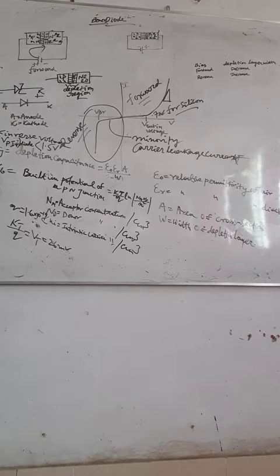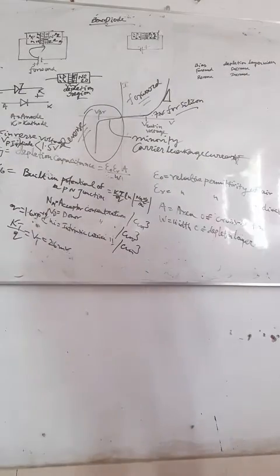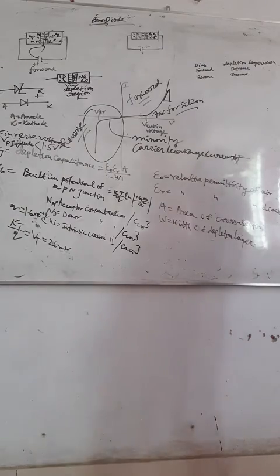This is the point of Zener breakdown, and before the Zener breakdown, up to this point, it is minority carrier leakage current. But when Zener breakdown happens, the knee current starts flowing and it will flow up to a certain limit. Every device has some limit, this is I high or IH. 1.8 to 2000 volt is the peak inverse voltage of the Zener diode.